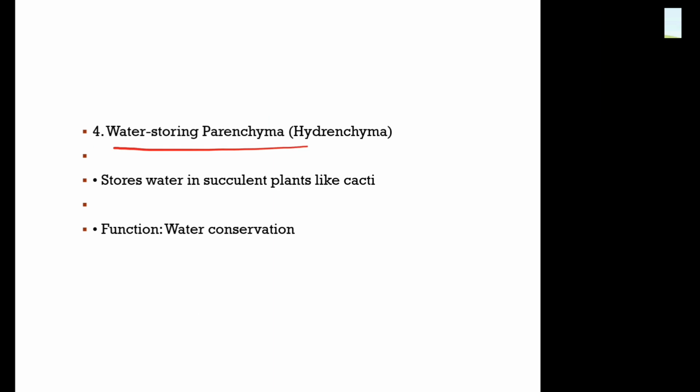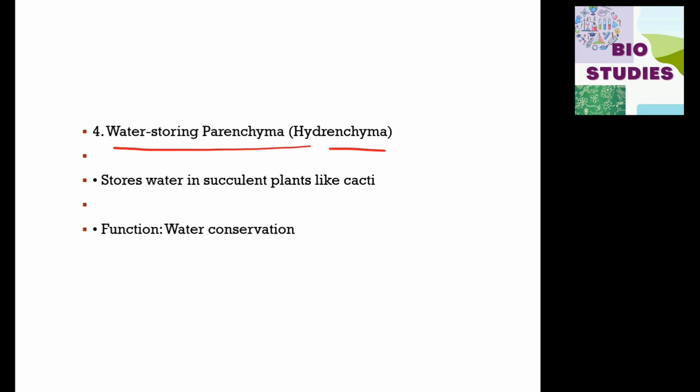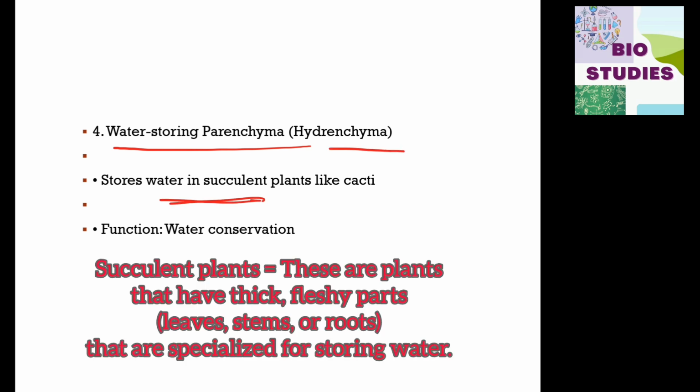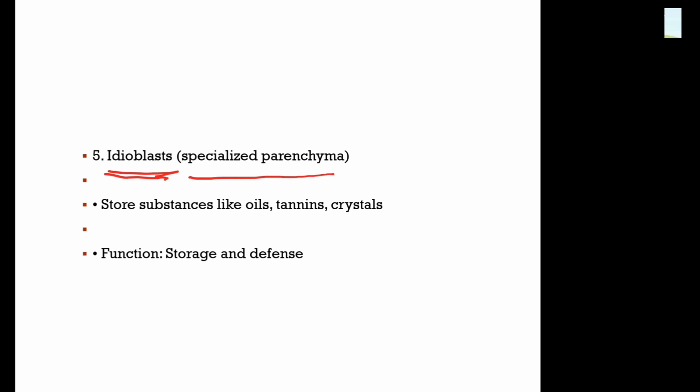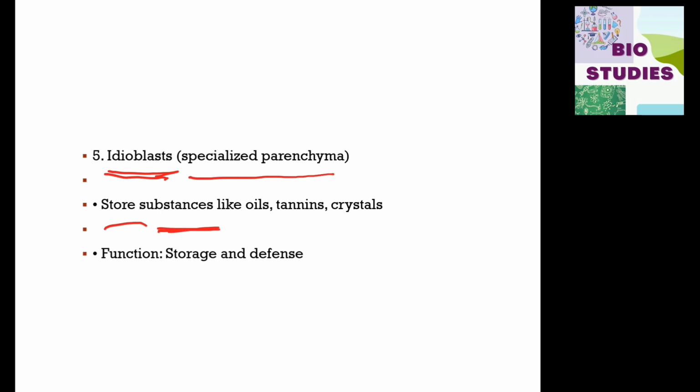Next is water-storing parenchyma, hydrenchyma. They store water in succulent plants. Idioblast cells are specialized parenchyma. They store substances like oils, tannins and crystals, for storage as well as defense.